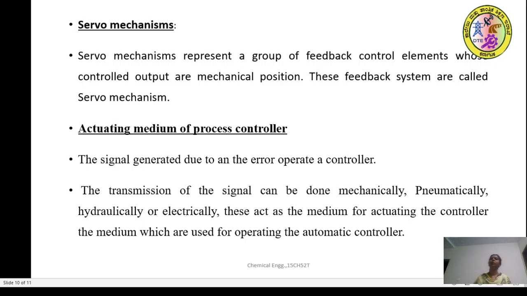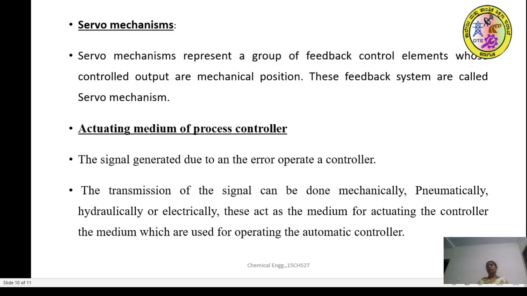If the output value is greater than the required set point, the final control element will automatically close. If it is less than the set point, the final control element will open to allow the steam to flow, thereby heating the water in the water heater.